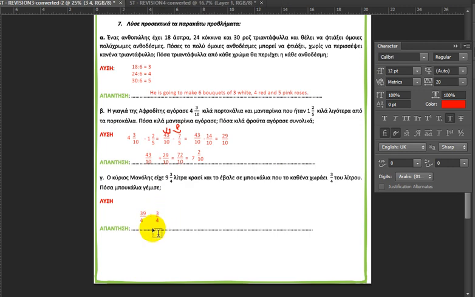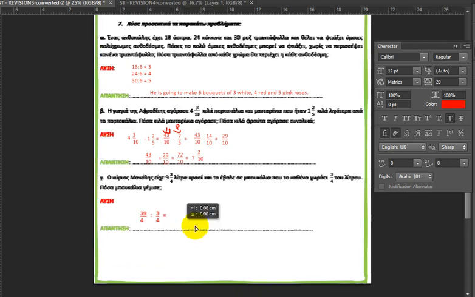And if you remember how we do this, what we do is basically we just flip the fraction that's second, we just flip it around.